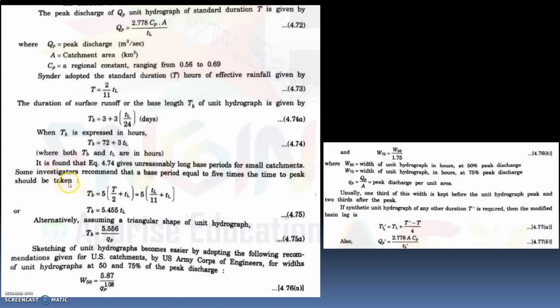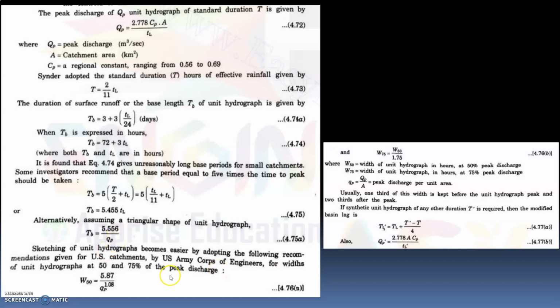Some investigators recommend a base period equal to 5 times the time to peak. So TB is equal to 5 times of T divided by 2 plus TL, that is, TB is equal to 5.5 times of TL. If we assume the triangular shape of the unit hydrograph, then TB is equal to 5.556 divided by qp.